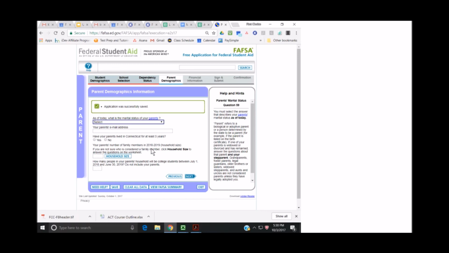Have your parents lived in Connecticut for at least 5 years? So, number of family members. This is used, they give you a protection for your income based on the size of the family. So these are people who live with you more than half the time, and you provide more than half the support.